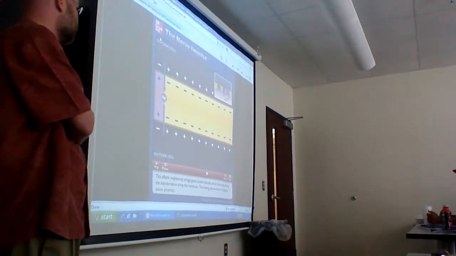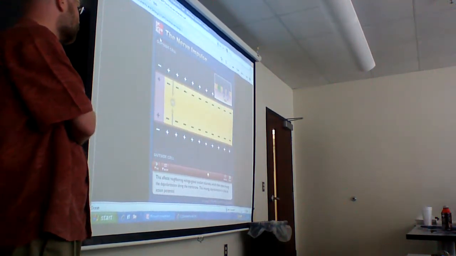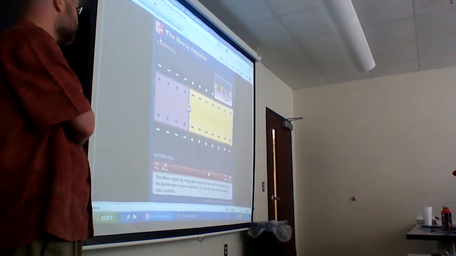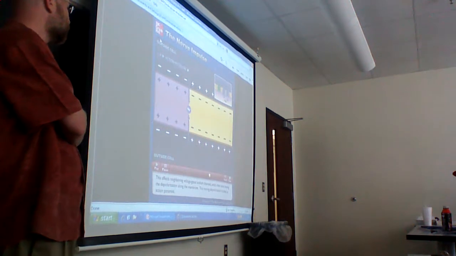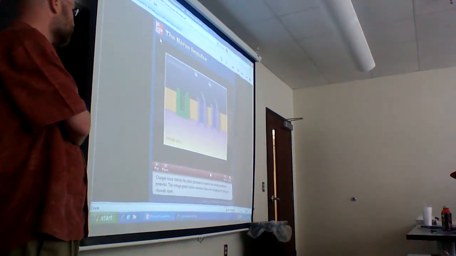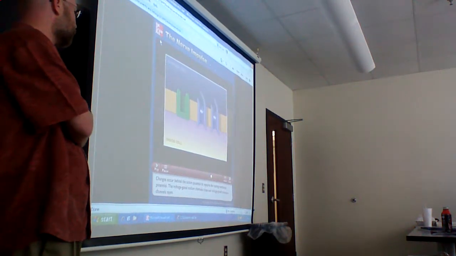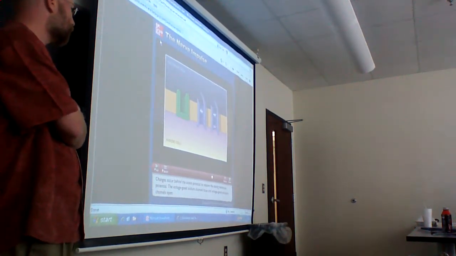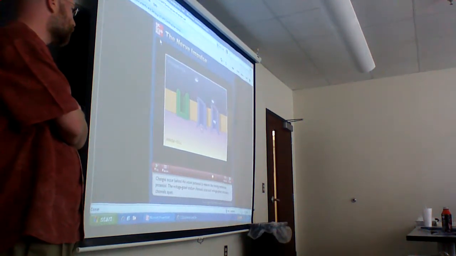This affects neighboring voltage-gated sodium channels, which then open, moving the depolarization along the membrane. This moving depolarization is called an action potential. Changes occur behind the action potential to restore the resting membrane potential. The voltage-gated sodium channels close and voltage-gated potassium channels open.